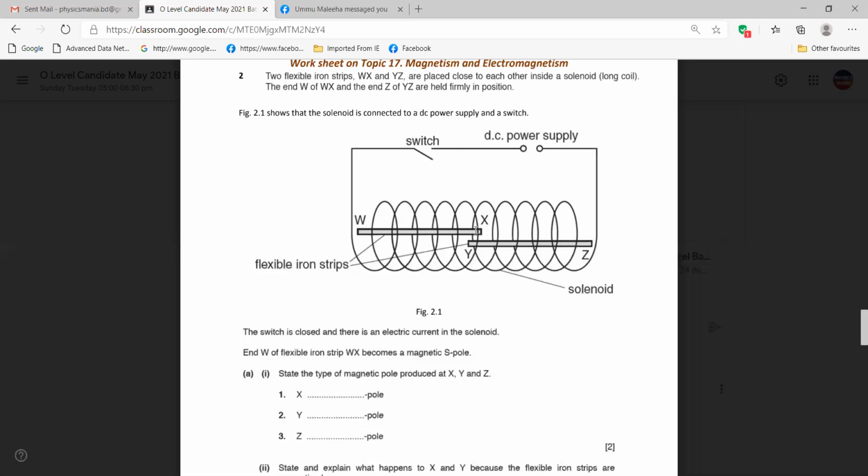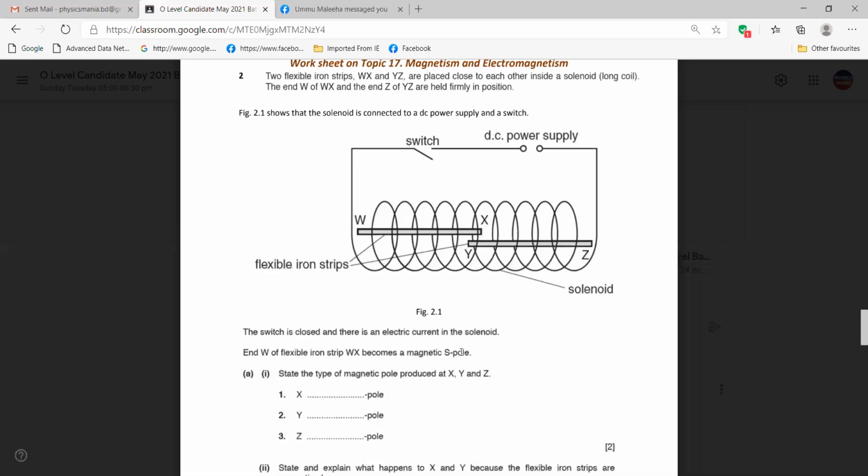So, sir, are we considering that W is the south pole? Yes, they gave it. They said in W of flexible iron strip WX becomes a magnetic south pole. Oh, okay. They already told us.